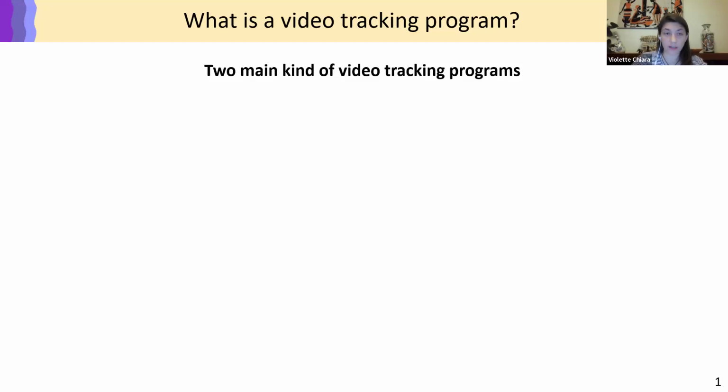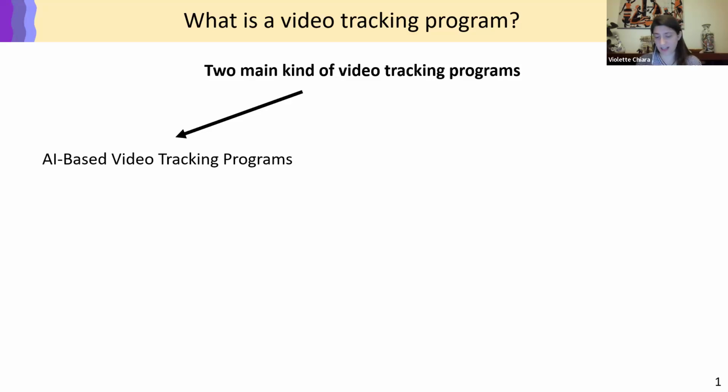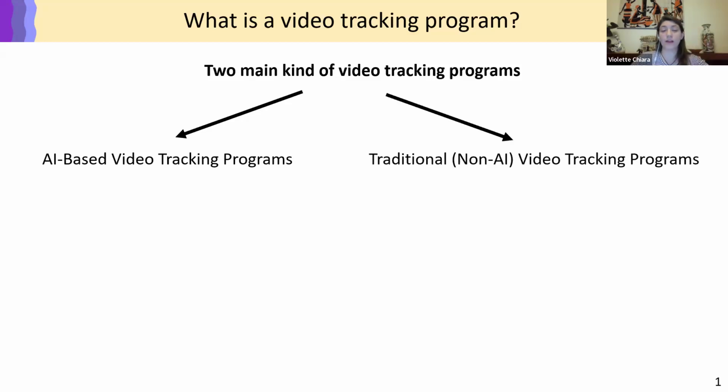So now there are two main kinds of video tracking programs. The first kind, which is still developing a lot, is the AI-based video tracking programs. And the other one is what we will call more traditional, without artificial intelligence, video tracking programs.